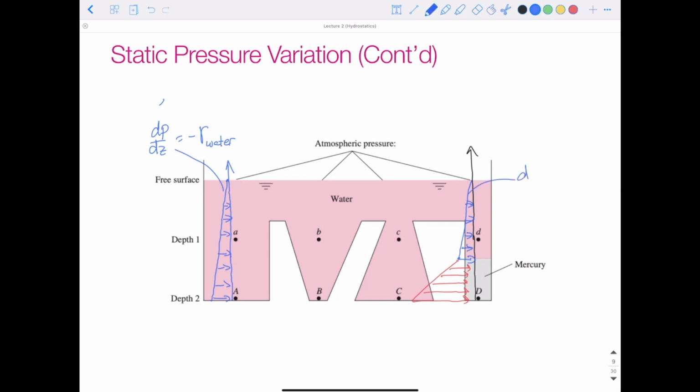So over here, we still have dP dz is equal to negative specific weight of water. But then once we change to mercury, our dP dz, or the slope, the change in pressure with respect to our change in z is equal to the negative specific weight of mercury.